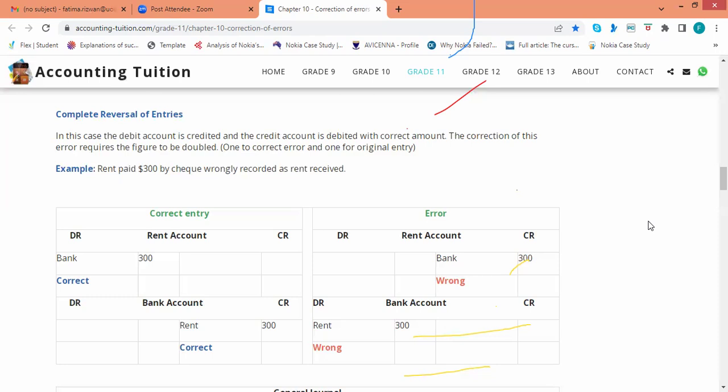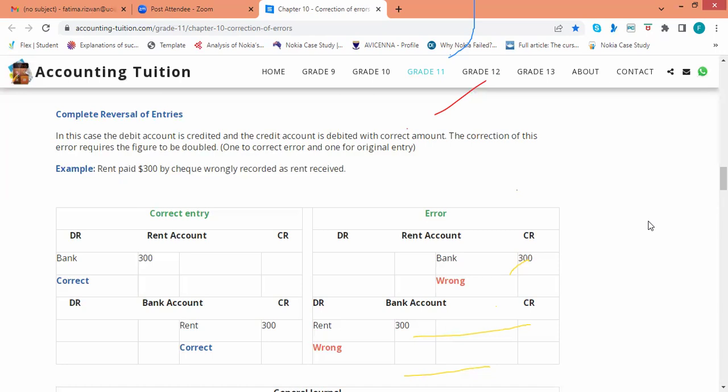So if you have thought that it was not rent paid, it was actually rent received, what would have been your error entry? Then we have to debit the bank, credit the rent because we have received it. So the correct entry is rent to bank. You have made the error entry bank to rent, right?